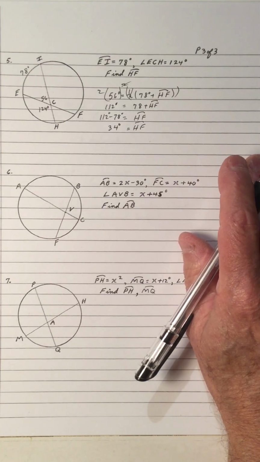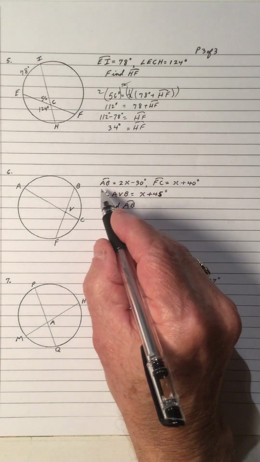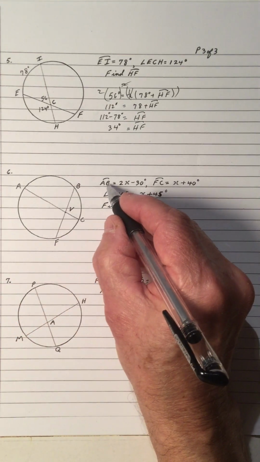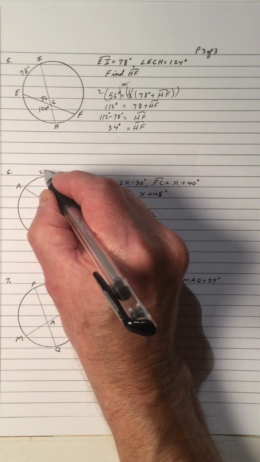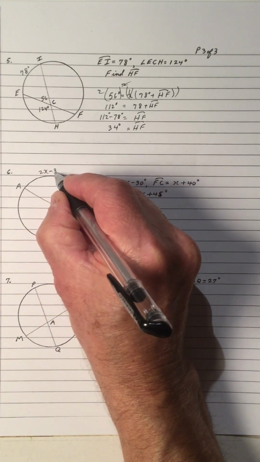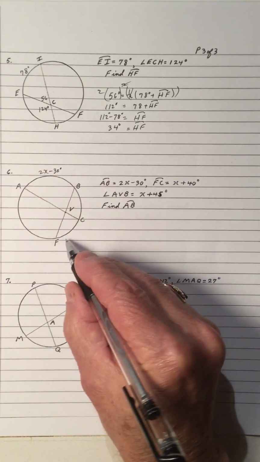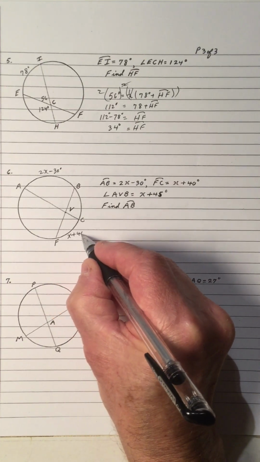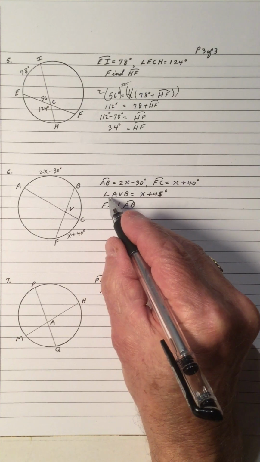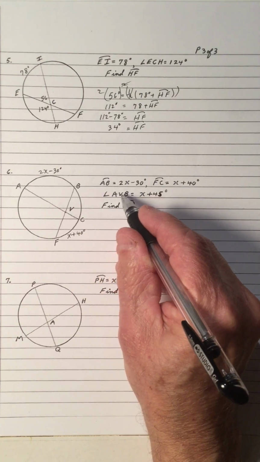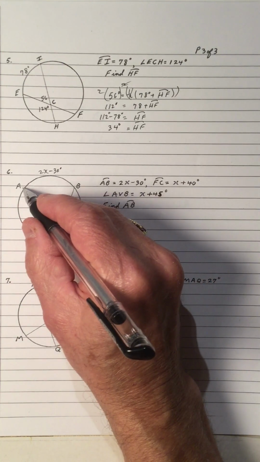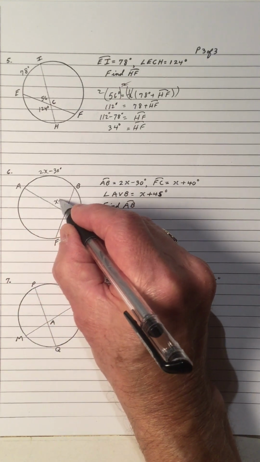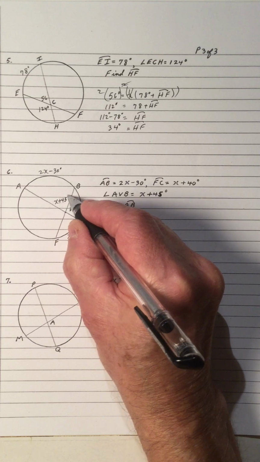Okay, we have a couple more to do. And again, we have two chords intersecting, and we have the arc AB is 2x minus 30 degrees, and the arc FC is x plus 40 degrees, and the angle AVB, this angle here, is x plus 45.